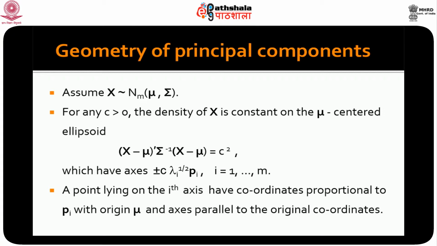So these are the eigenvalue-eigenvector pairs again. A point lying on the ith axis of the ellipsoid will have coordinates proportional to the p_i's in the coordinate system that has origin mu and axes parallel to the original axes x1, x2, up to xp.